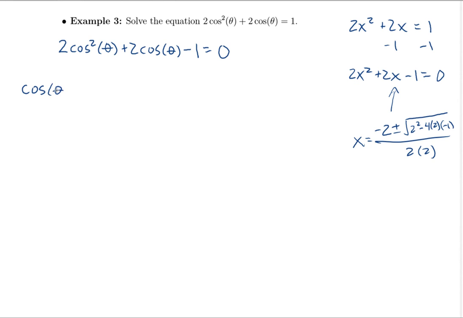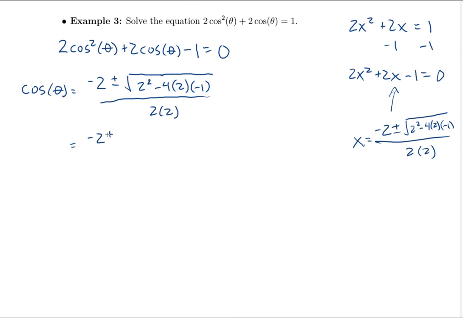So I would say something to this effect. Cosine of theta is equal to, well, I guess what I just wrote out, -2 plus or minus the square root of 2 squared minus 4 times 2 times -1, all divided by 2 times 2.